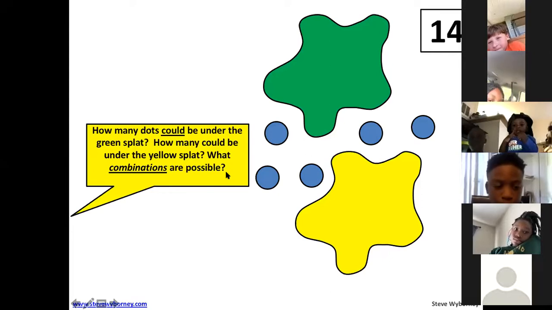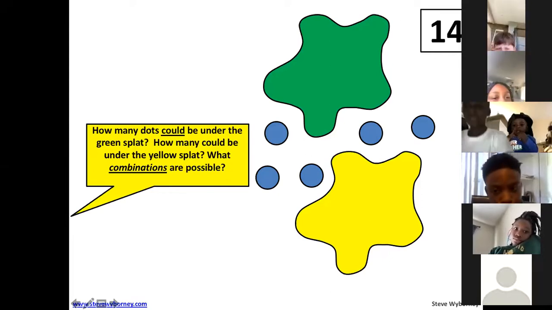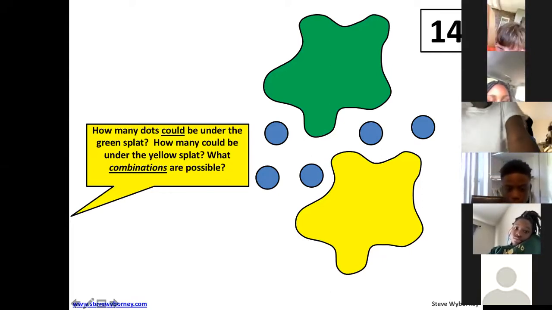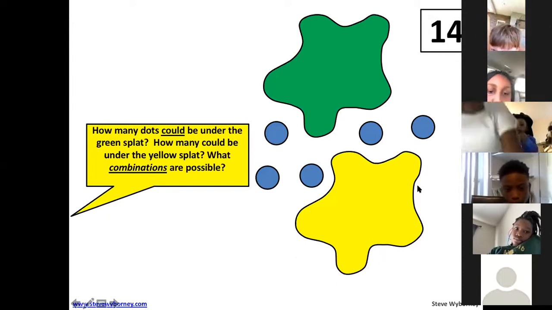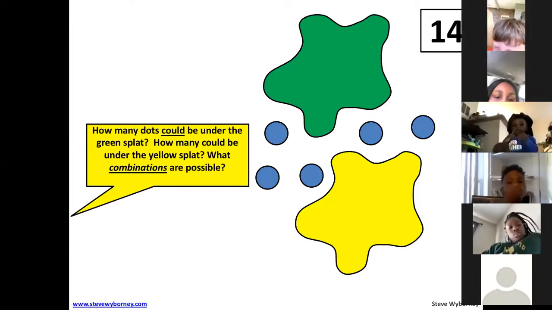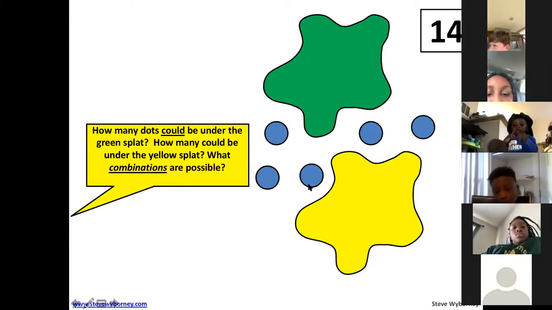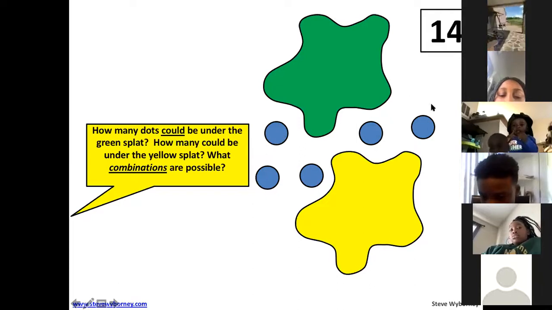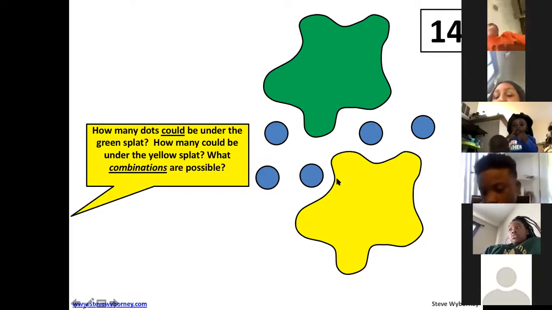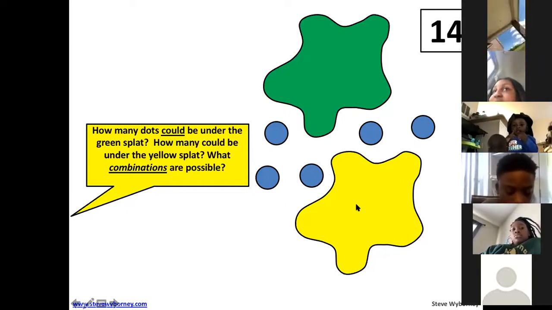How many dots could be under the green splat? 4. And how many could be under the yellow splat? 5. Yeah, 5. So we have 5 showing, and so that would mean there might be 4 under the green and 5 under the yellow.